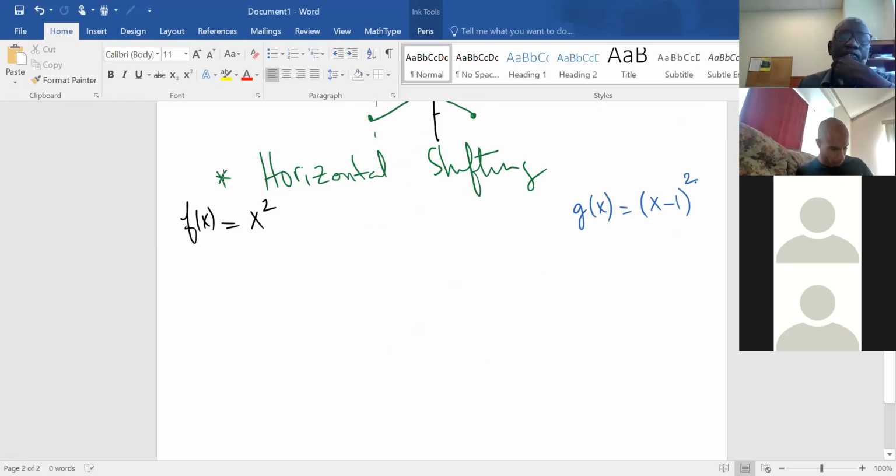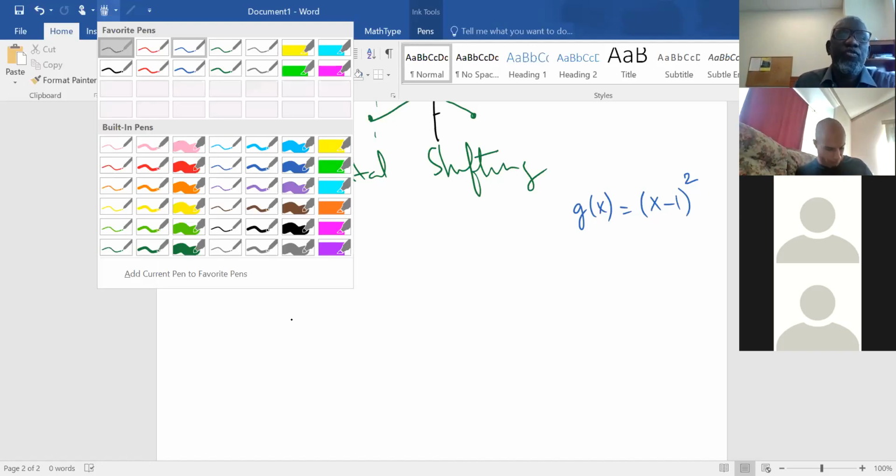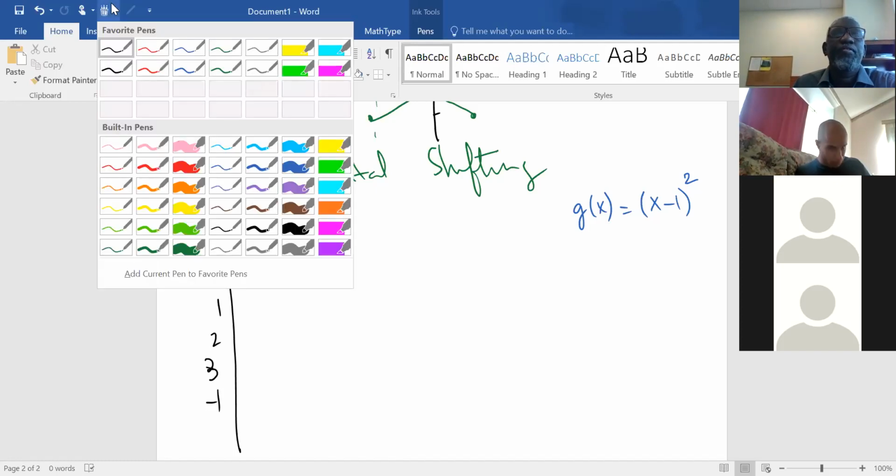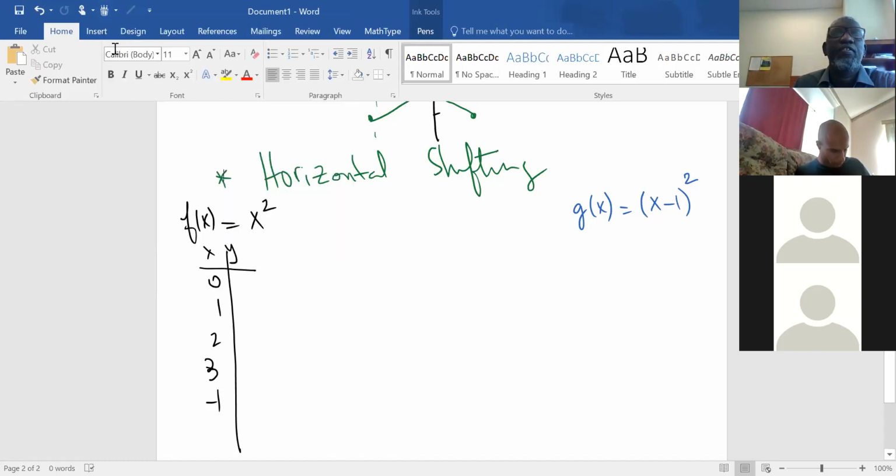Okay, so we're going to do the same stuff right here. x, y: 0, 1, 2, 3, -1, right? And here we have x, y: 0, 1, 2, 3, -1, right? So we're going to do the two graphs right here, of course.